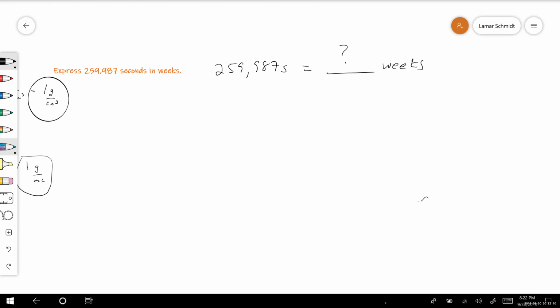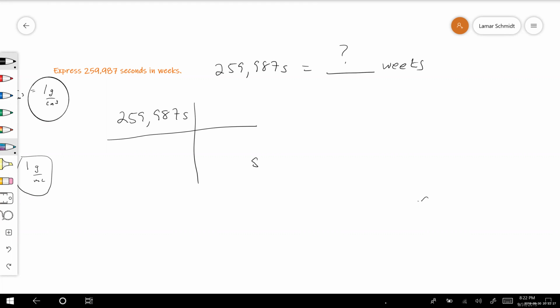All right, and so we start a bracket with 259,987 seconds. We know seconds, look at the unit here at the top, is going to be the same as the unit at the bottom.